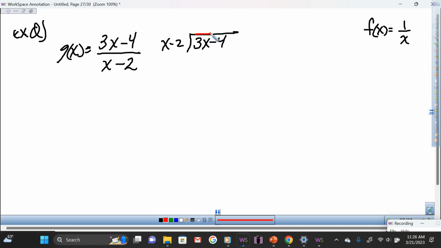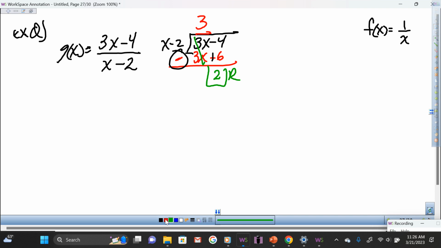So, what number times x gives us 3x, everyone? 3. So 3 times x is 3x. 3 times negative 2 is negative 6. Subtract, which means we distribute that here and here. So, this cancels. 3x and 3x cancel. We're left with 2.